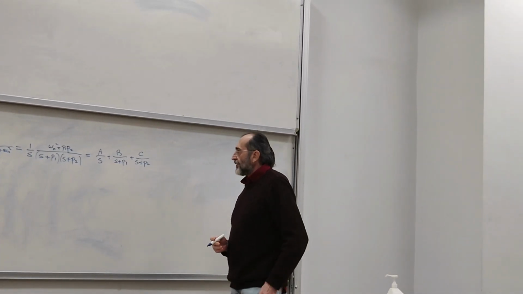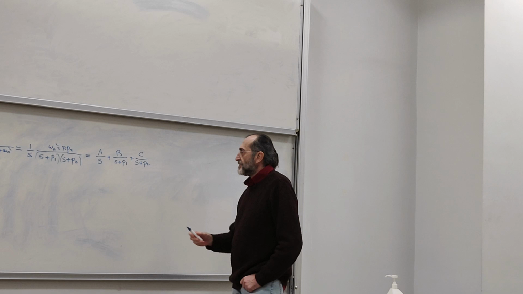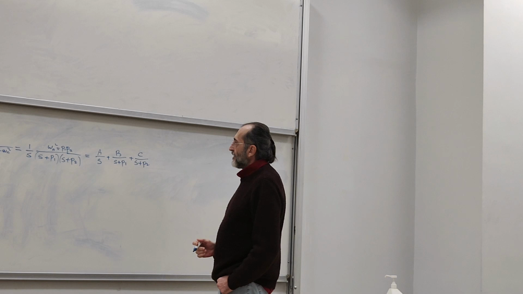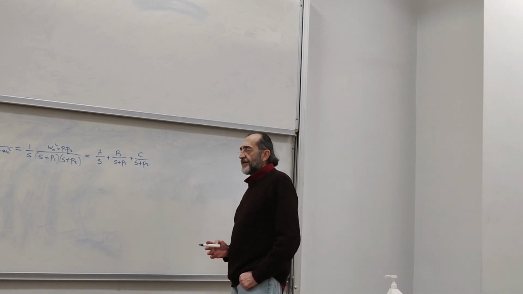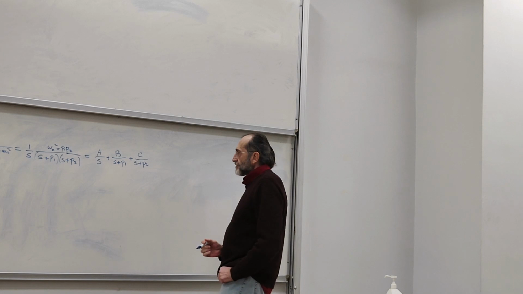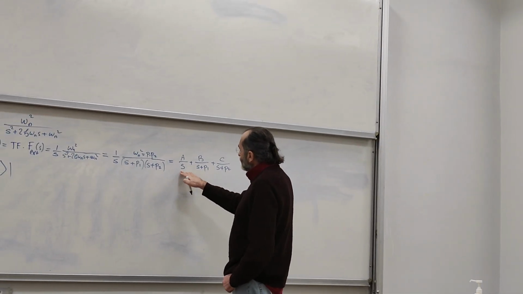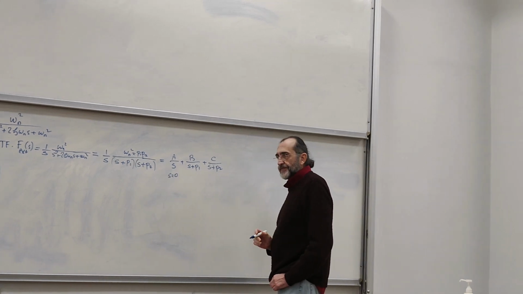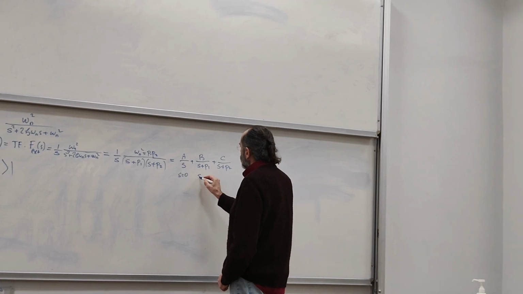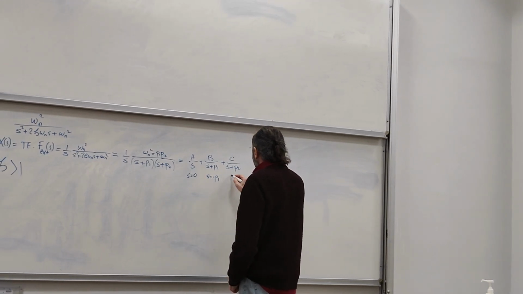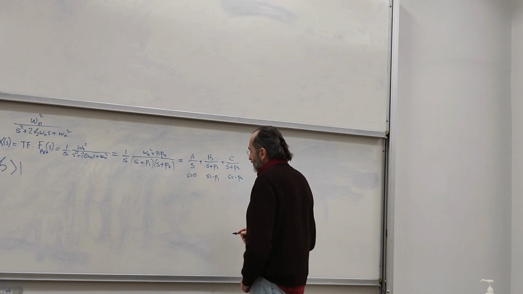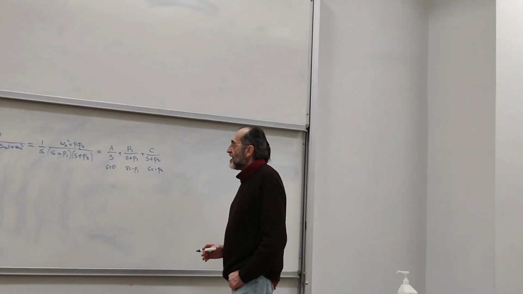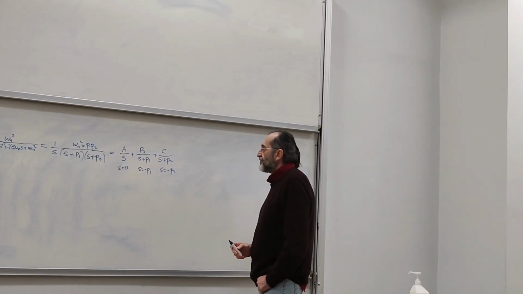And we have to see what these constants are. The easy way to do this is the following. First of all, the root of this is s equals 0, right? The root of that is s equals minus p1, and the root here is s equals minus p2, right? So we do the following.